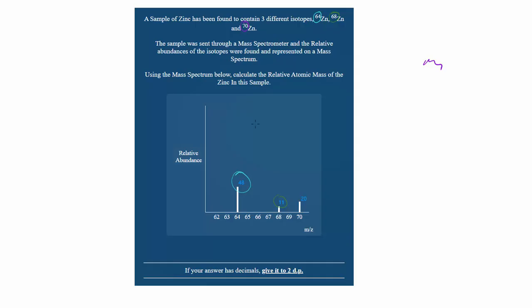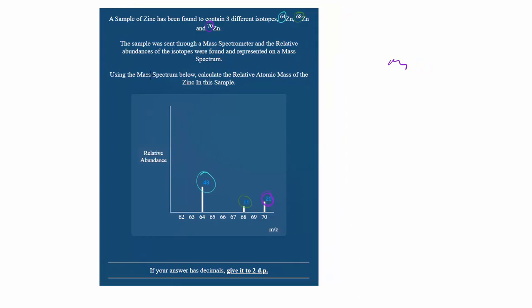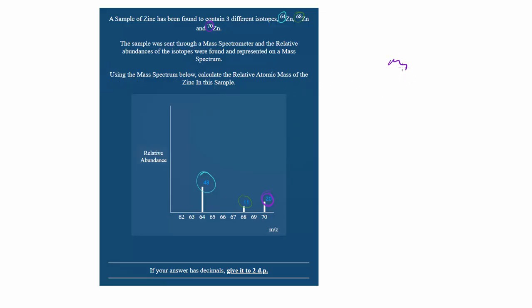So 70, we've got one at 70 here. So with that information, let's see if we can now use that to work out the relative atomic mass.